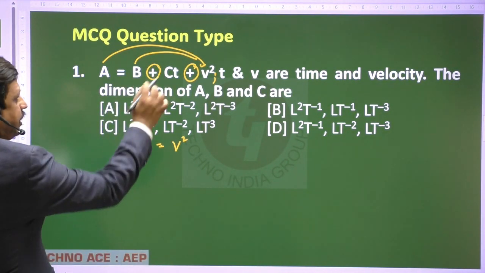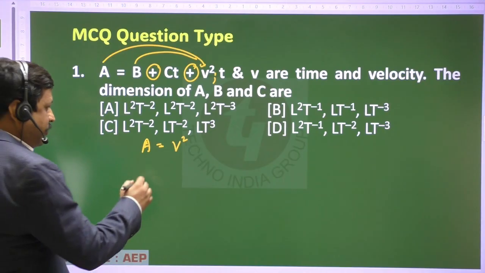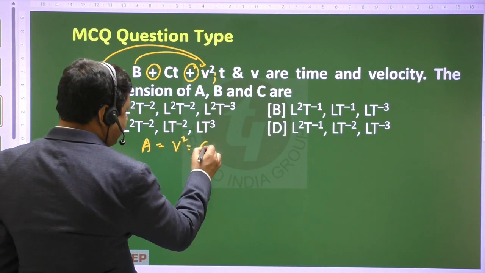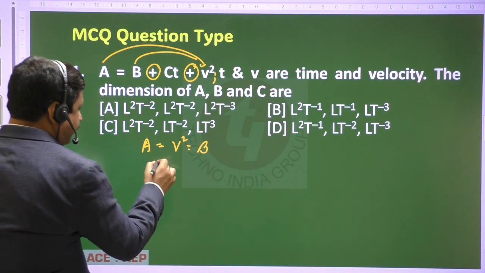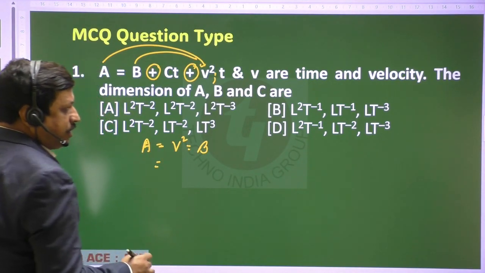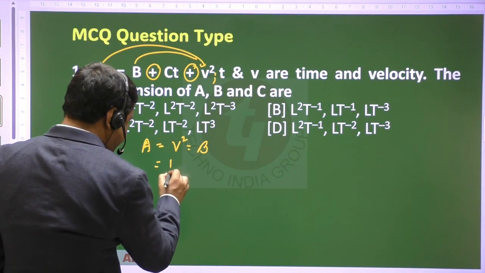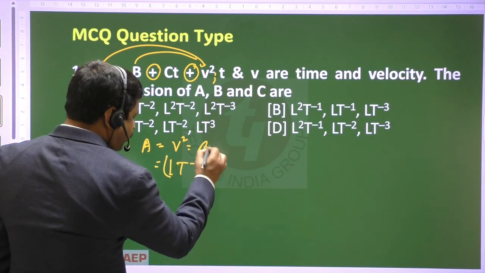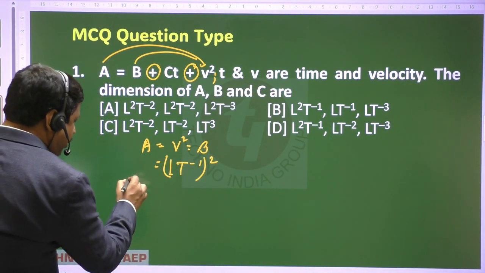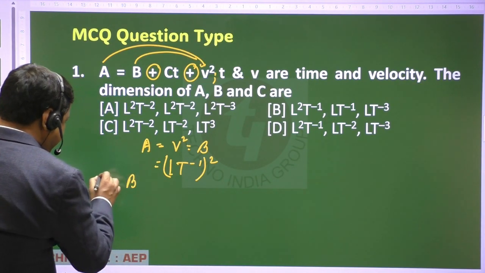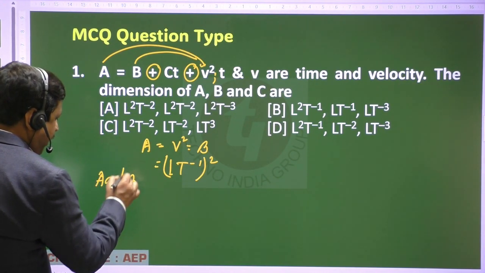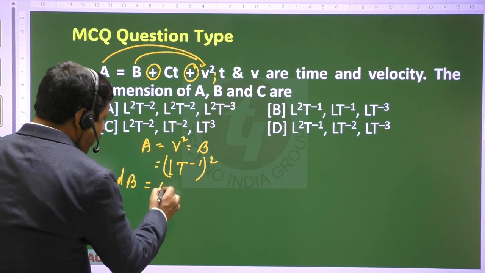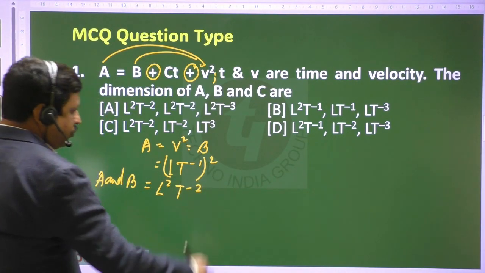V is velocity, which has dimension LT to the power minus 1, whole square. So the dimension of A and B will be L square T to the power minus 2. Is it right?